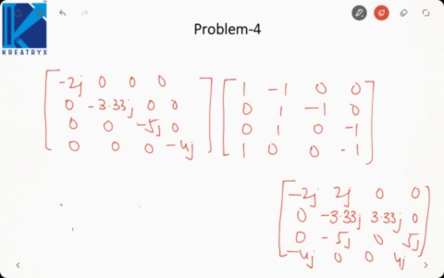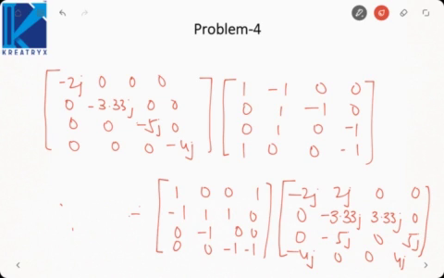Okay. Now we will have to multiply by A transpose. That is 1 0 0 1, minus 1 1 1 0, 0 minus 1 0 0, 0 0 minus 1 minus 1. So this will be equal to, first row into first column will be minus 2j minus 4j, minus 6j. First row into second column 2j. First row into third column 0, then 4j. Okay.